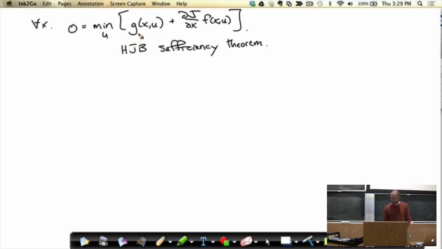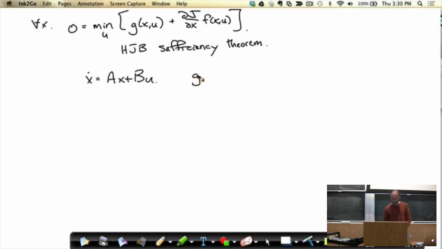Okay, so in the special case of this being quadratic in u and this being affine in u, things got a lot easier, right? So that's certainly the case if I start off with Ax plus Bu, right?